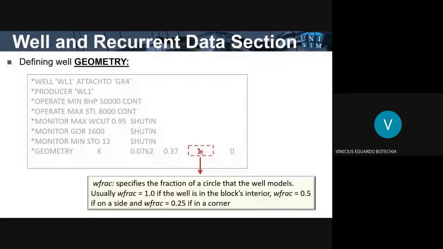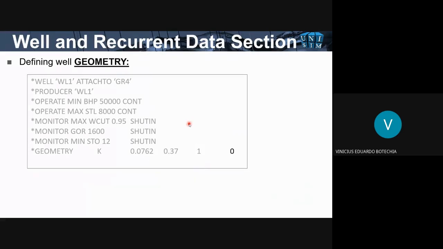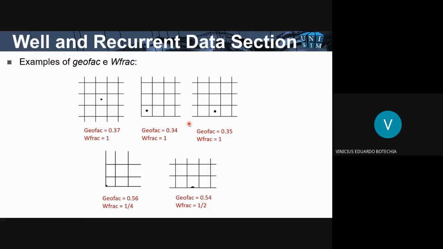It's W-frac. It specifies the fraction of a circle that the well models. These two values in general don't change, right? I will show some examples of how to work with this, but in general, we use it the way it is. You don't have to worry too much about this kind of standard. And this is the skin factor.